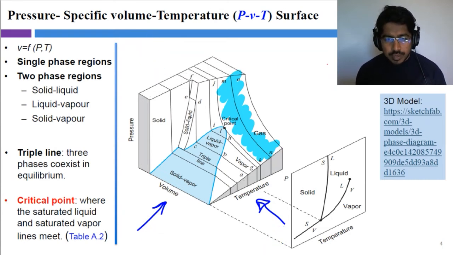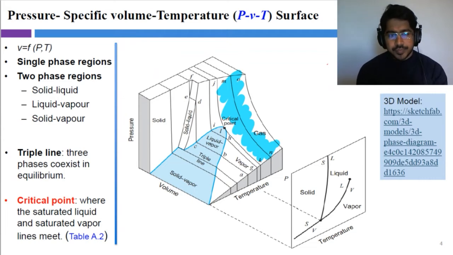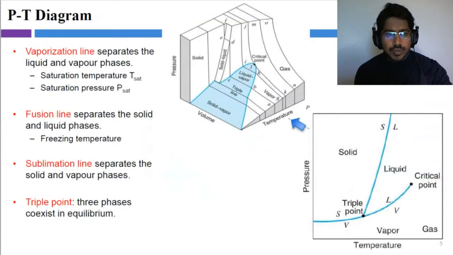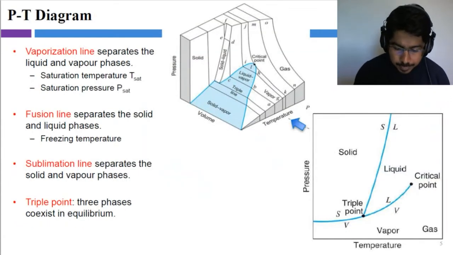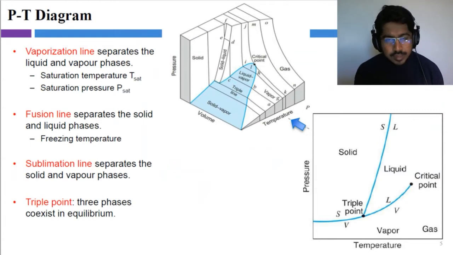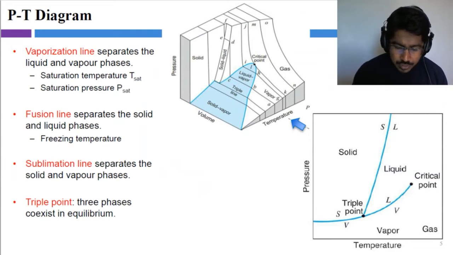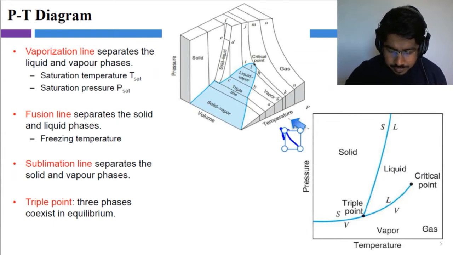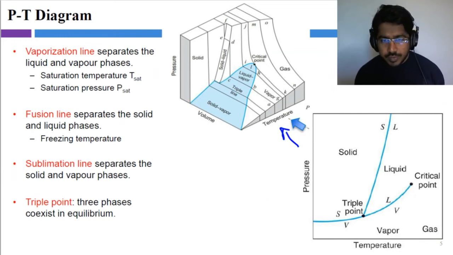Now we are clear with what the PVT surface is. Now let's move on to the other projections. Let's start with the PT diagram. As the figure shows, when we look from this angle, we can get the PT diagram.